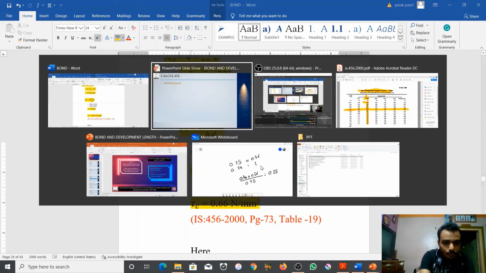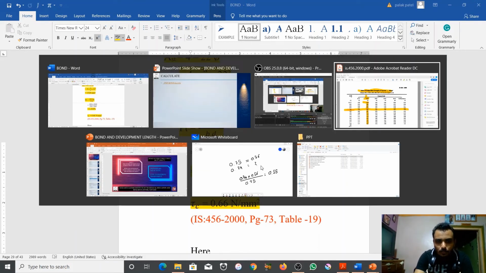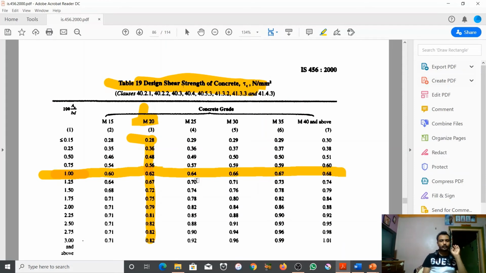For this we have to follow the IS code once more. For the tau C value, we follow table 19. In the table, we look for the Pt value in the column 100 Ast upon bd, which is 1.216.